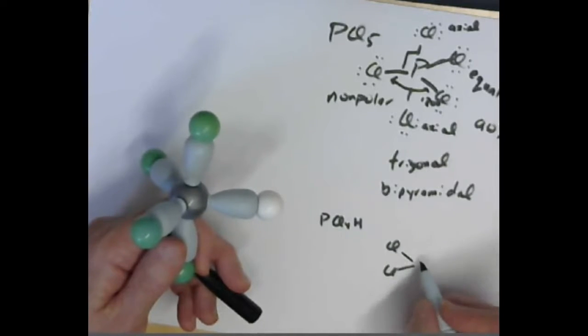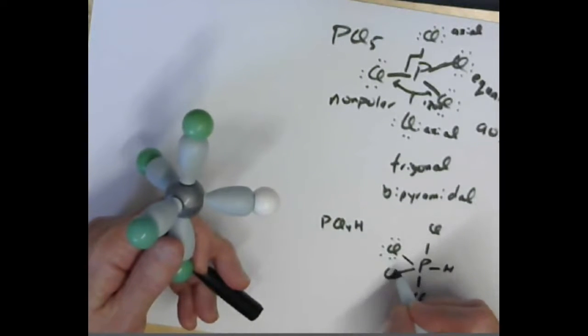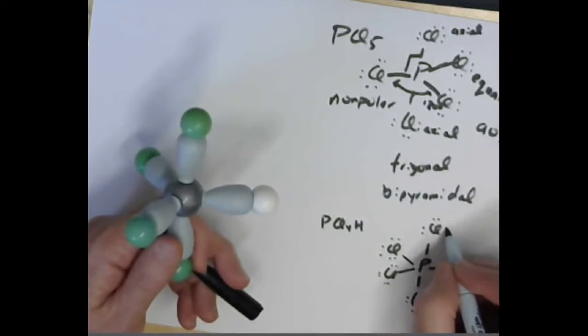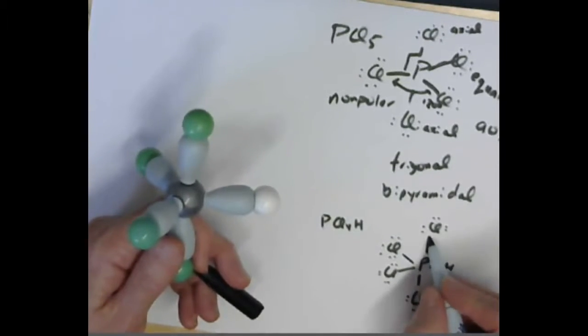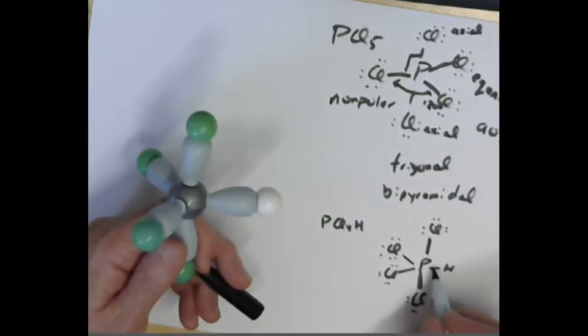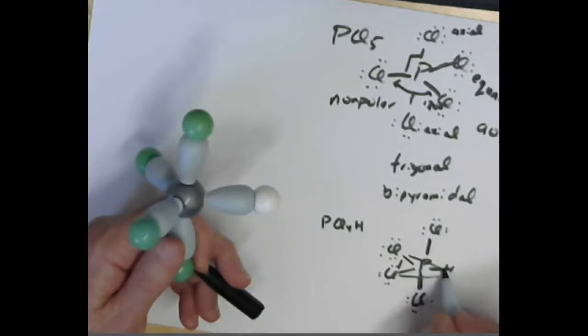It has a chlorine and a chlorine on the axial positions, with a hydrogen and 2 chlorines in the equatorial positions. And so, yes, the axial positions cancel out, but everything is not equivalent around the equatorial positions. And so this molecule would have some polarity associated with it.